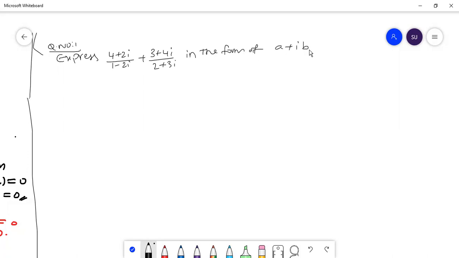That means we need to simplify this whole thing and express it in the form of a plus ib, a simple complex number form.